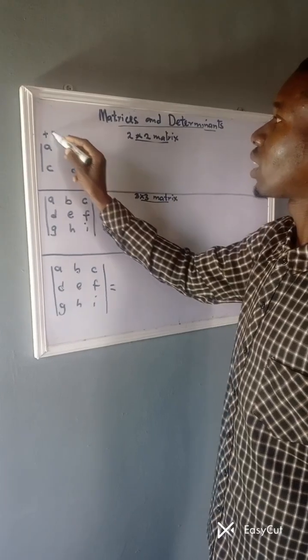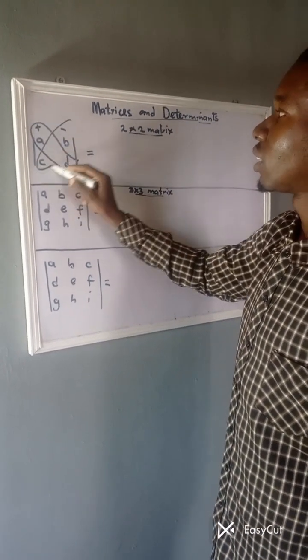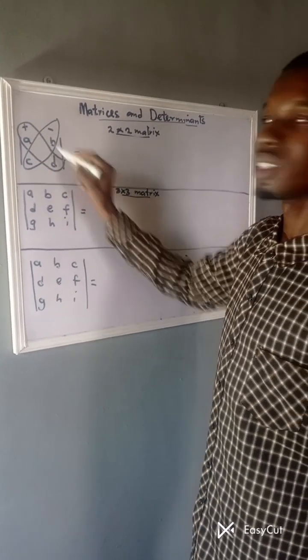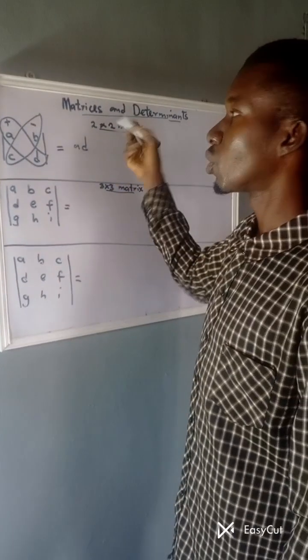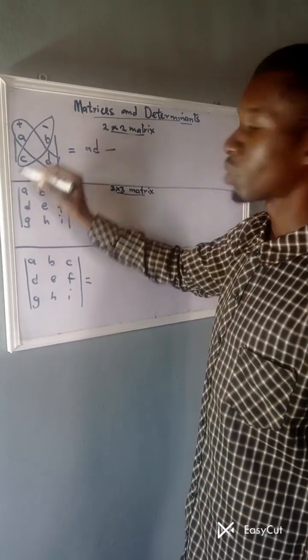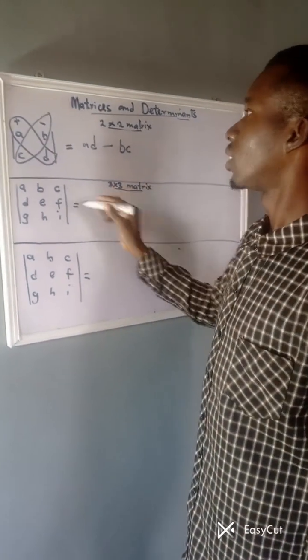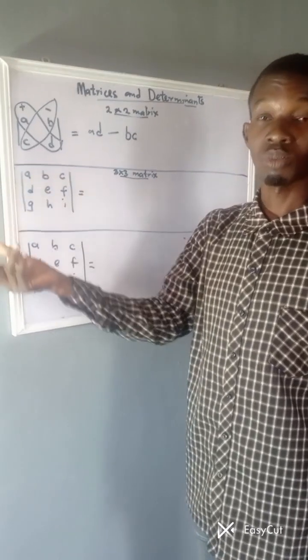The first diagonal is called the leading diagonal, and the other is the second diagonal. You multiply the elements in the leading diagonal, that is A times D, which always goes with plus. Then minus the product of the elements in the second diagonal, that's B times C. That's the formula we use for the determinant of a 2 by 2 matrix.